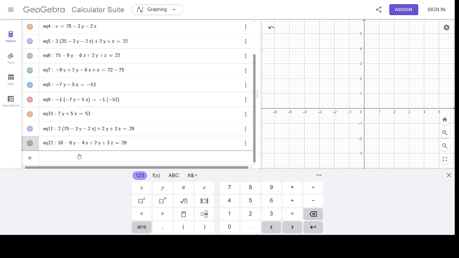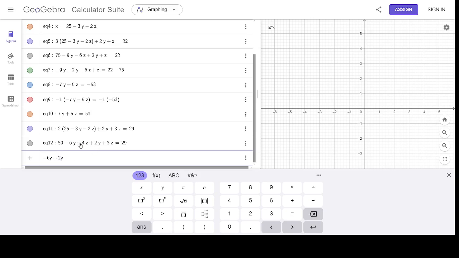Having done that, we need to collect the like terms together, just the same way we did previously. So we'll start with minus 6y, plus 2y.